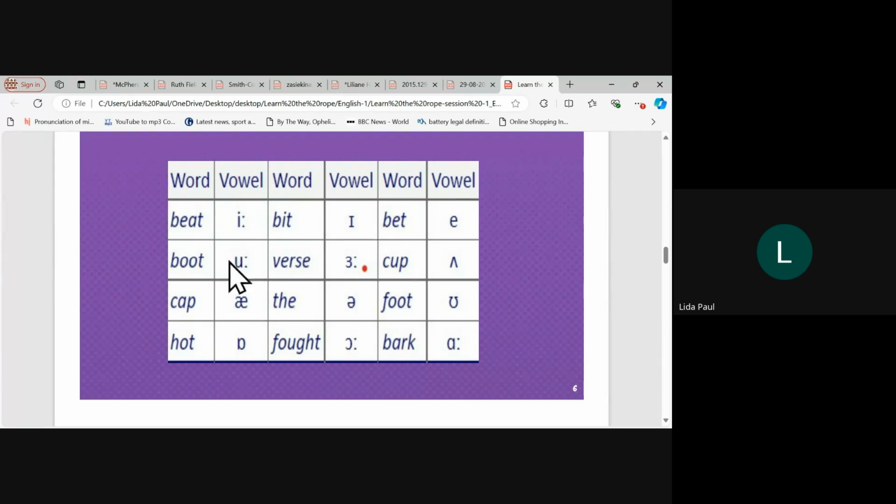So this is bit, right? The sound is E, and then you have bit representing that sound. Then, this is what I told you, that this can be taken as a long counterpart for this sound. As in the word the, right? Or father, right? The last sound as in the word father is this one, right?